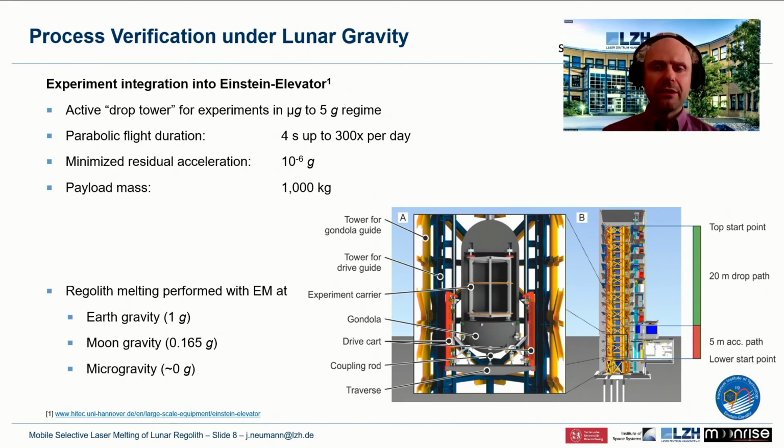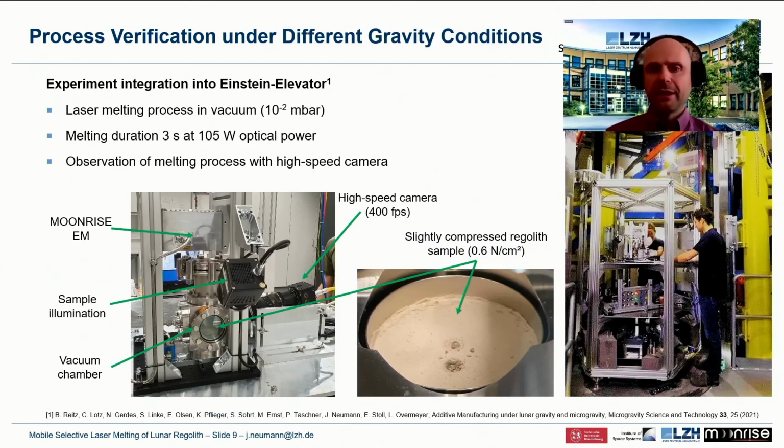The experiment duration is about 4 seconds, and you can repeat it up to 300 times per day. It's a very big thing, so you can accommodate a payload of 1 ton. With this and the engineering model, we made experiments under Earth gravity, moon gravity, and also microgravity.